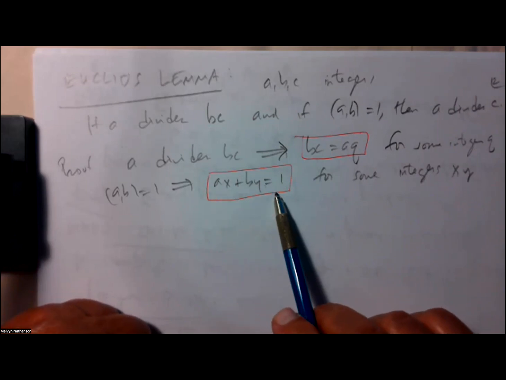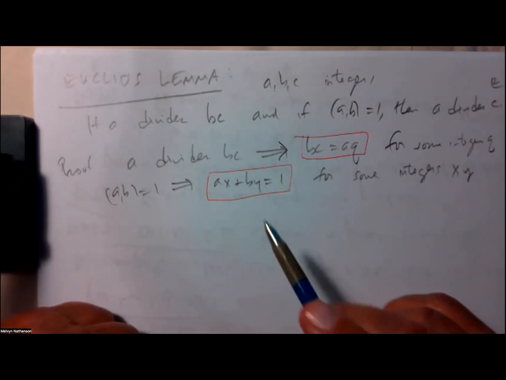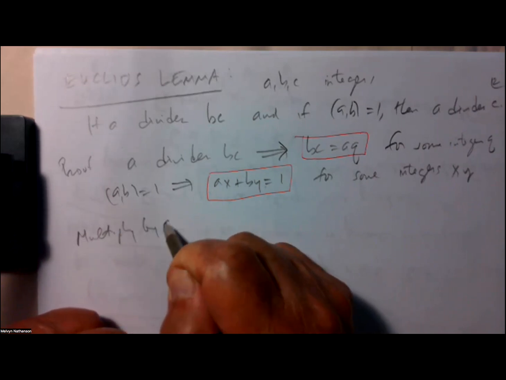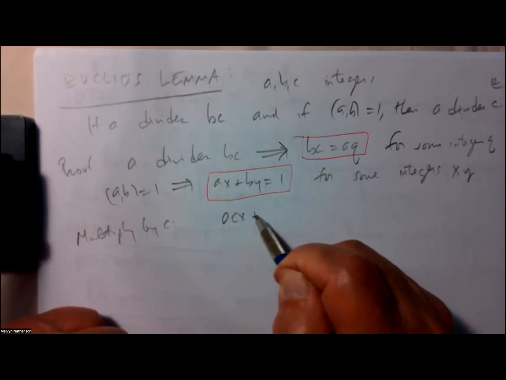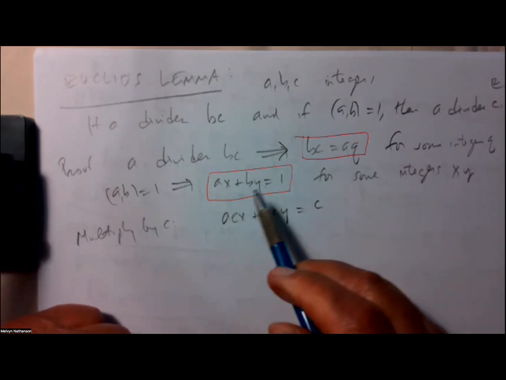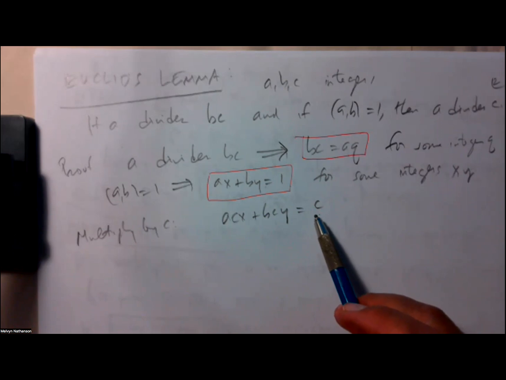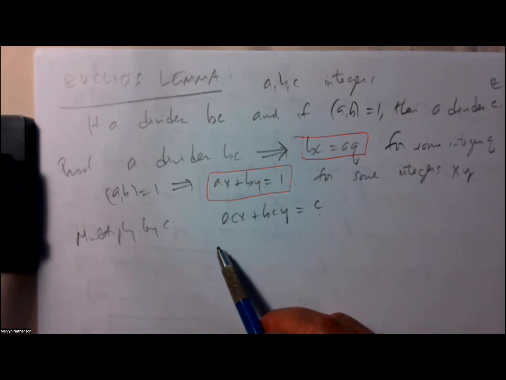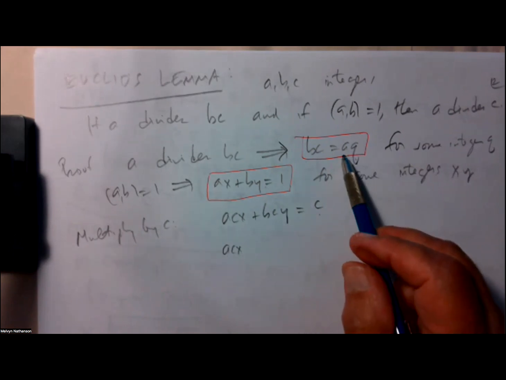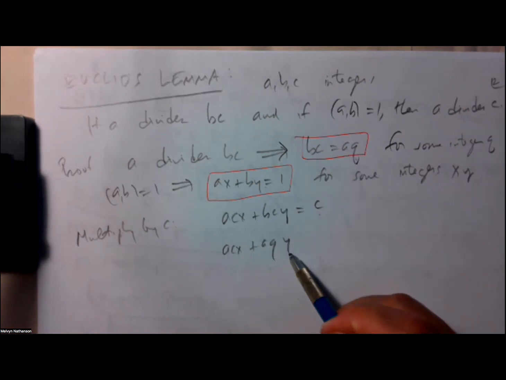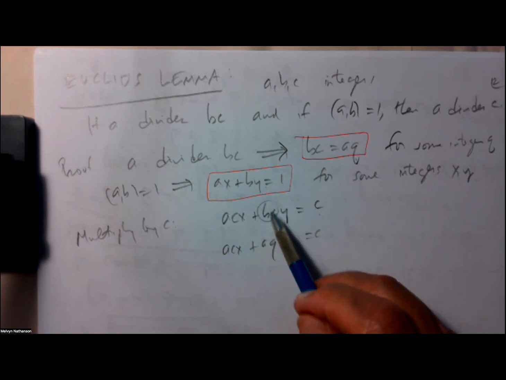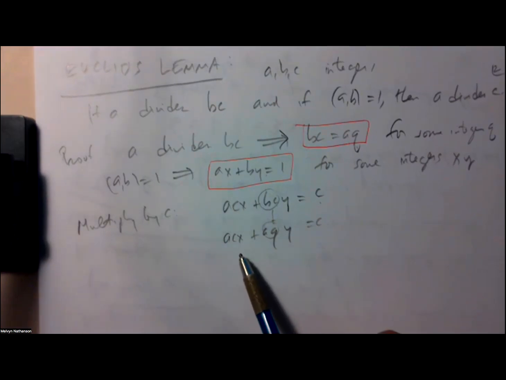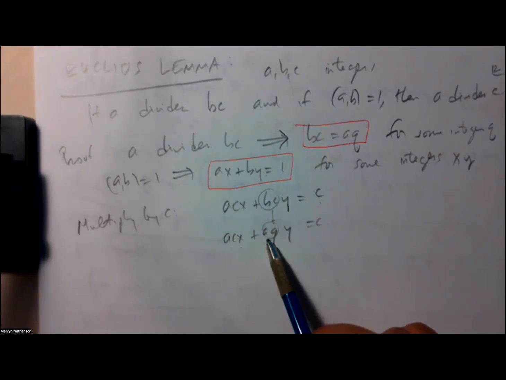So let me take this equation and multiply it by C. I get ACX plus BCY equals C. But BC is AQ, so I can substitute AQ for BC. Here I have ACX plus AQY.